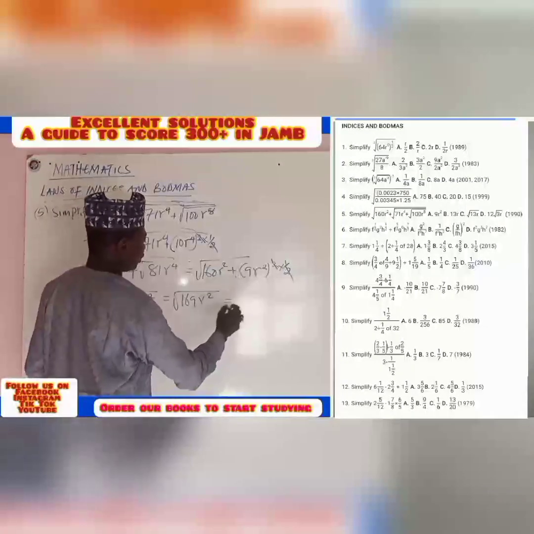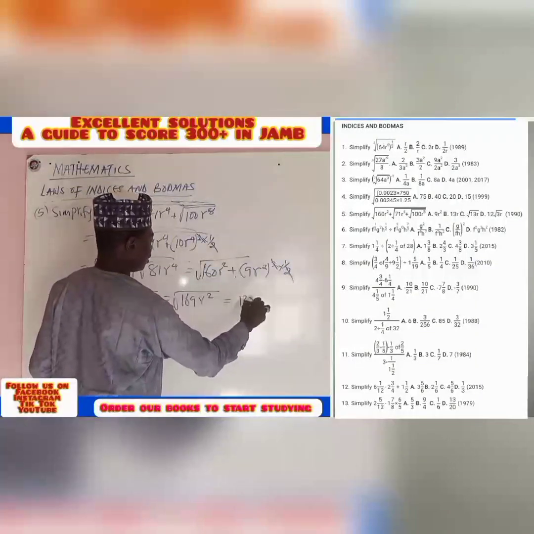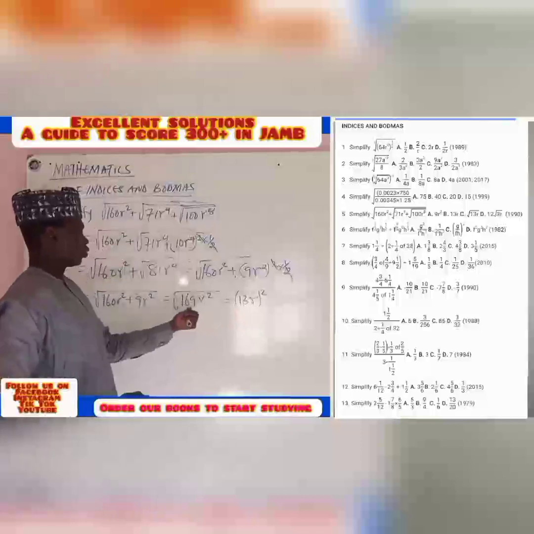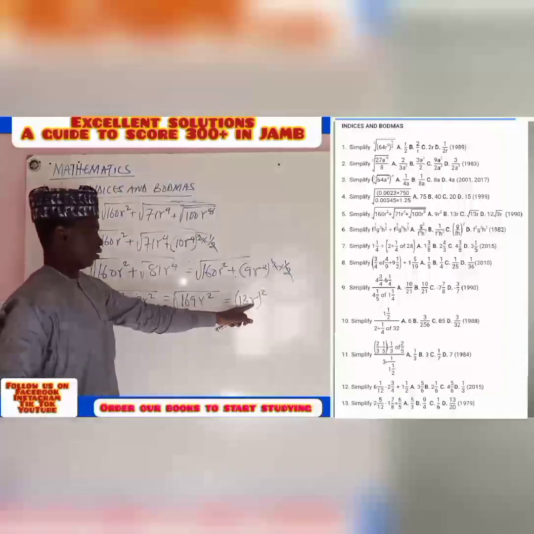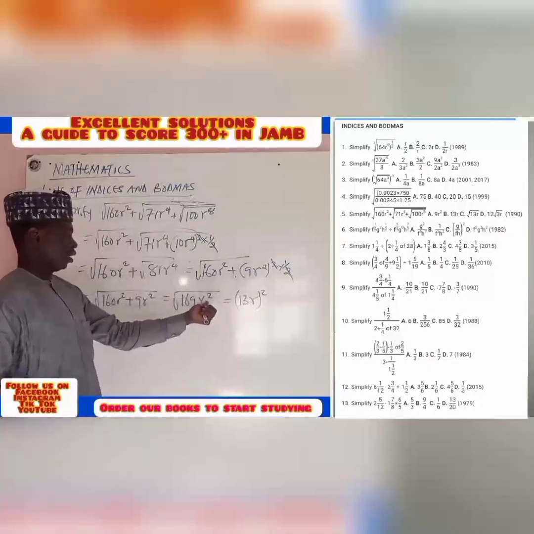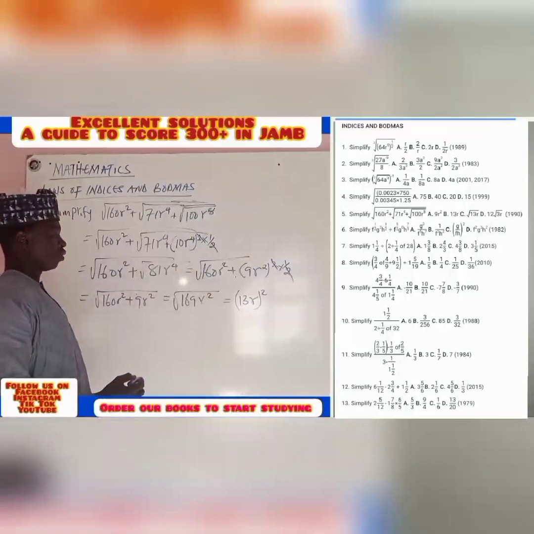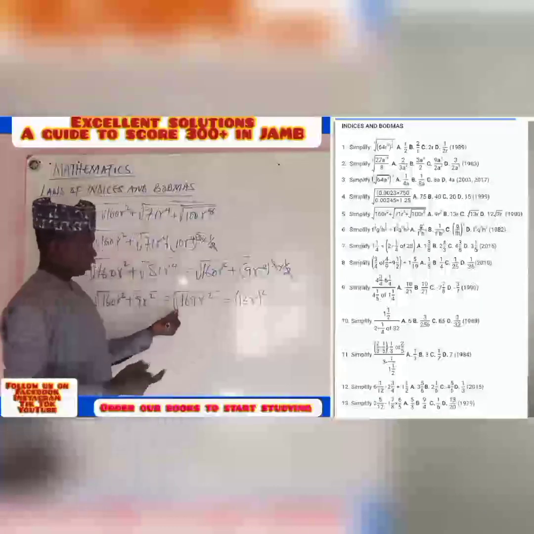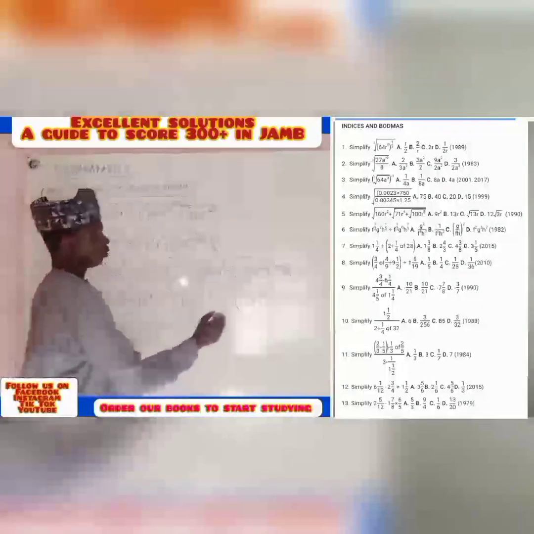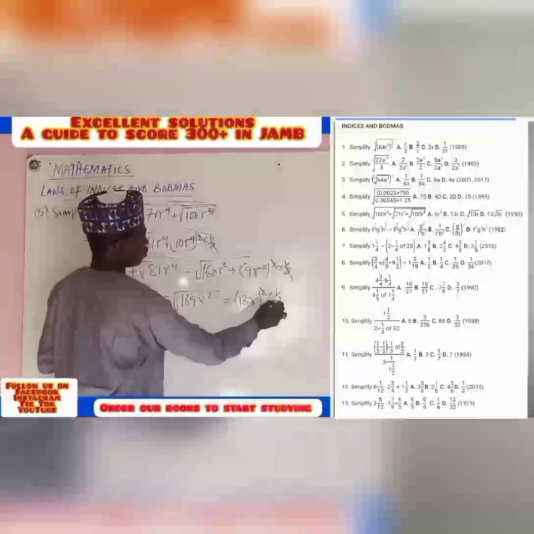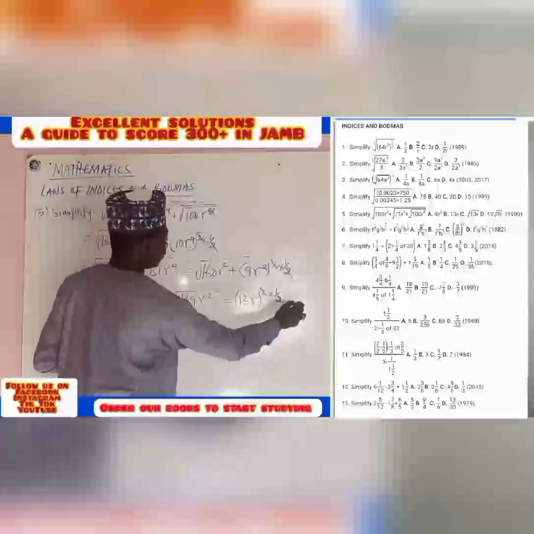So we can now leave this one as 13r raised to the power of 2. 13 square is 169. R square is, or we can say r times 1 is the same as r squared. So instead of this square root, we can now say times 1 over 2. These 2 cancel these 2. We are left with 13r.